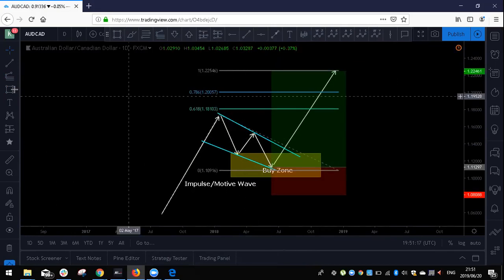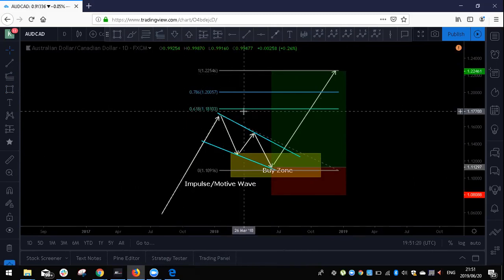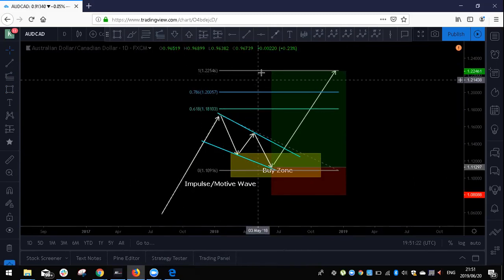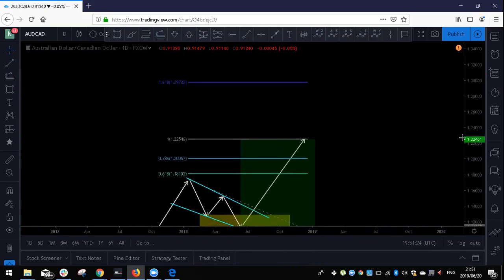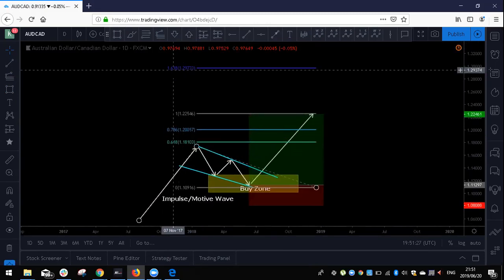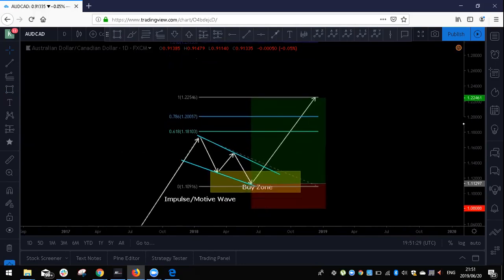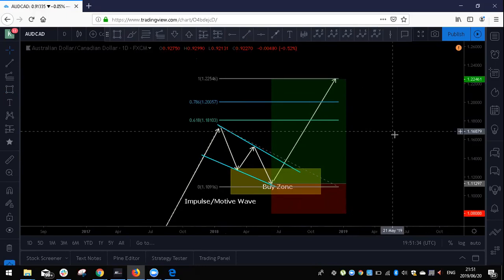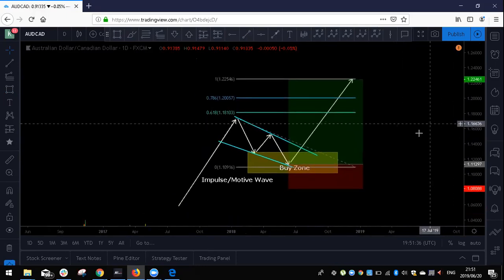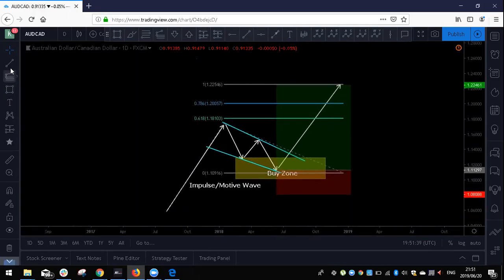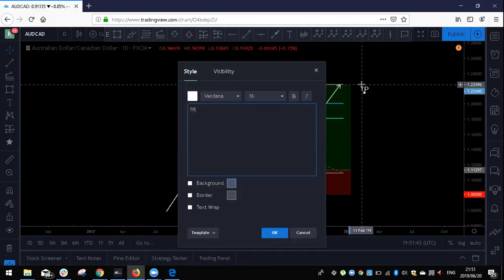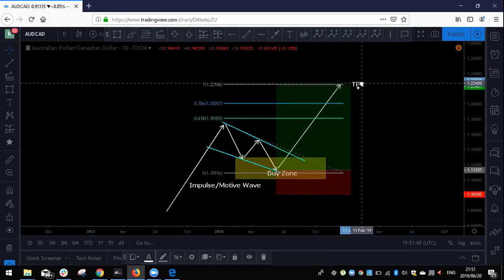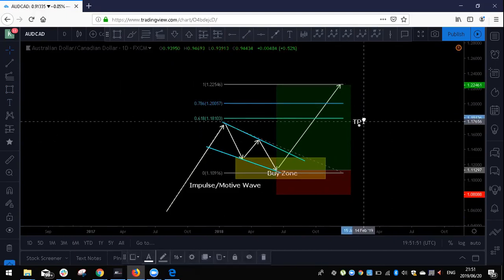Okay. Remember I told you my TP1 is 0.618, 0.786, then 1, and then 1.618. So you can see I'll be taking partial profits as it's going to my target. Okay, so it's my TP1. TP1 is here.